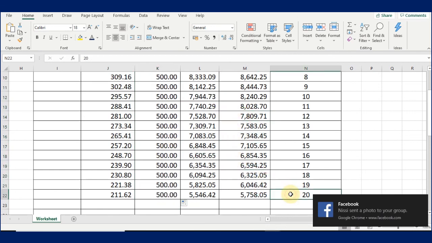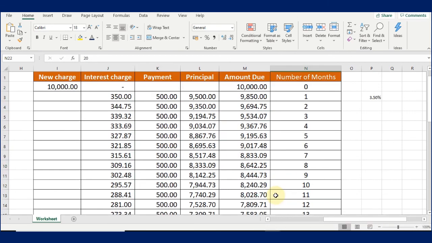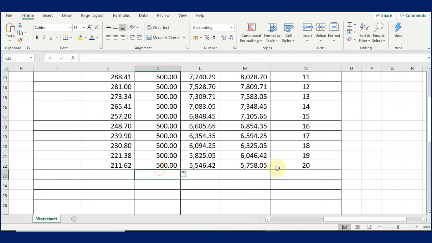So what does that mean? After 20 months, let's see what's happening here. You already paid 10,000, right? But you still have an outstanding balance of 5,758.05.